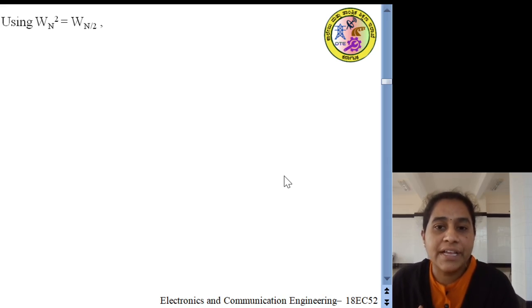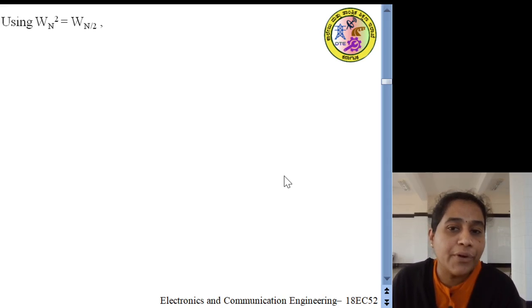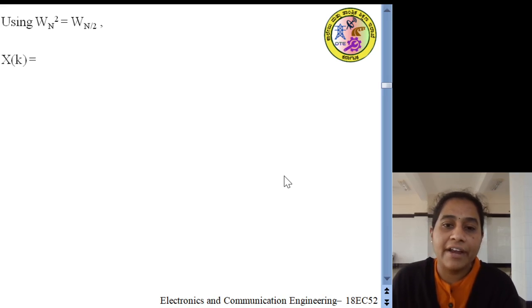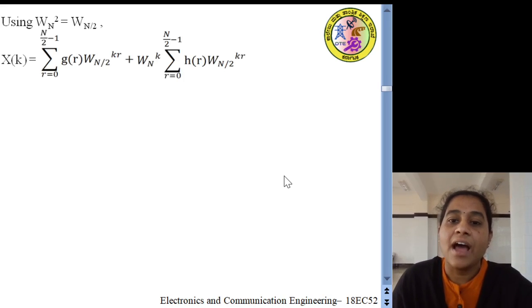So now, using the property of the twiddle factor, W_N squared is equal to W_{N/2}, we can write the DFT X(k) as the summation r varying from 0 to N/2 minus 1 of g(r) W_{N/2} raised to the power kr, plus W_N raised to the power k times the summation r varying from 0 to N/2 minus 1 of h(r) W_{N/2} raised to the power kr.